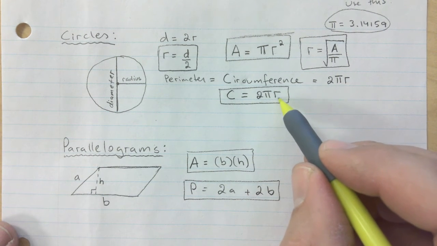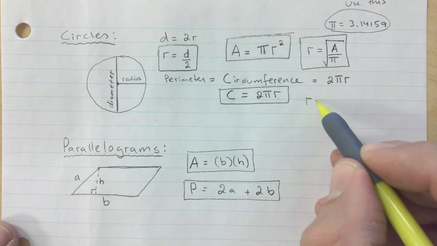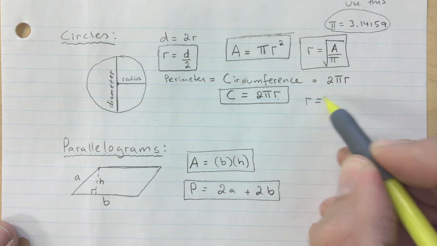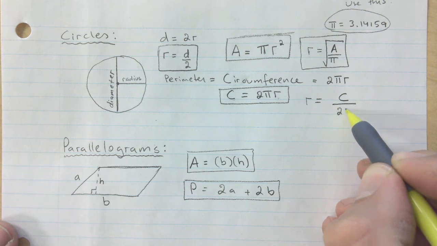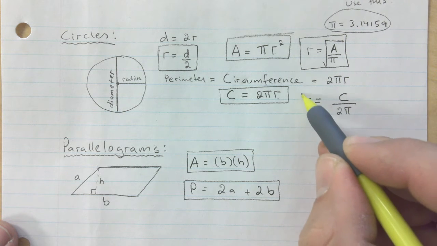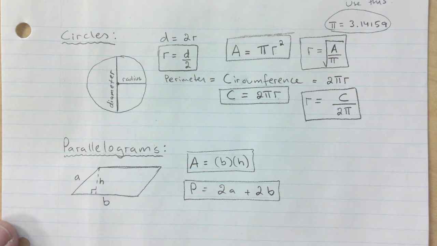If you wanted to know the radius and you were only given the circumference, radius is going to be circumference divided by 2 times pi. So radius given area, radius given circumference.